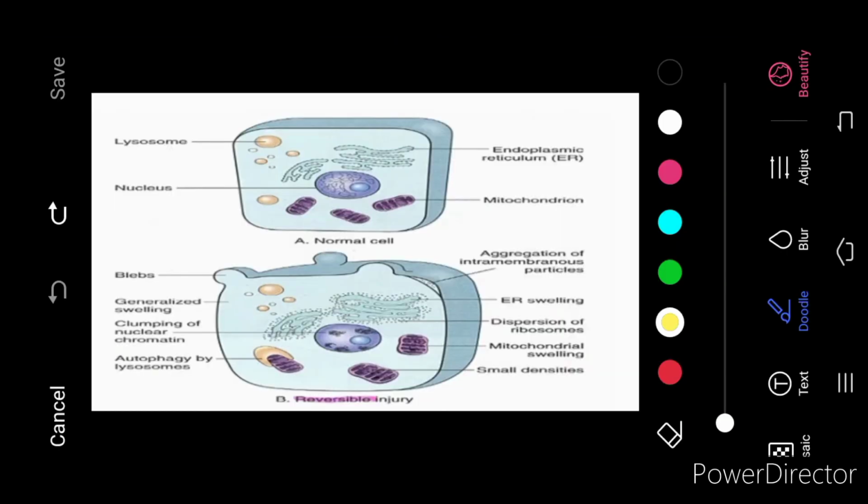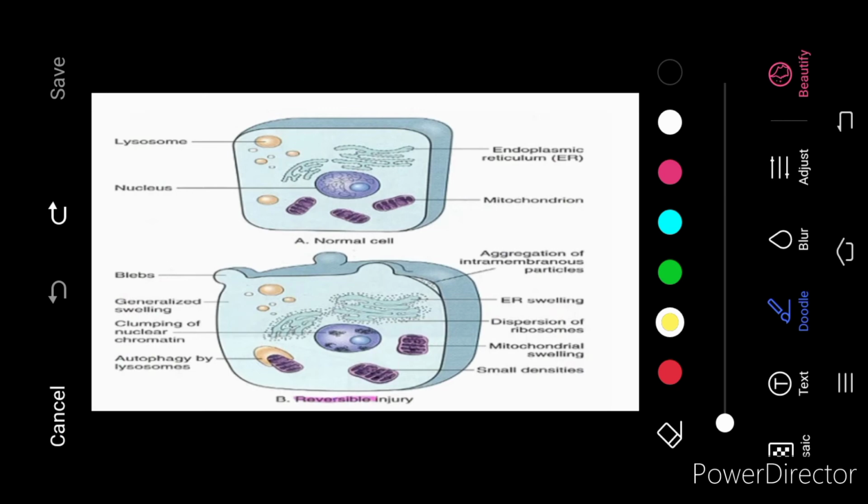So, how do we identify whether a cell has undergone reversible or irreversible cell injury? For this, let us see the figure of a normal cell, reversible cell injury and irreversible cell injury respectively, and compare both types of cellular injury with a normal cell.